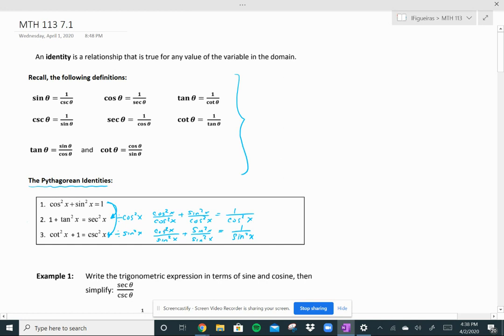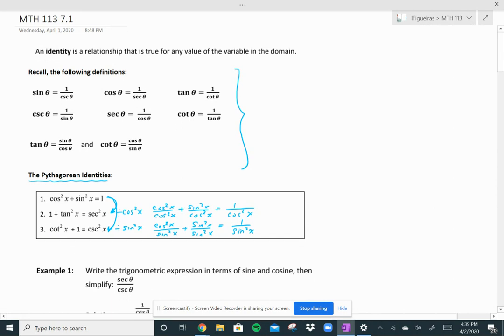Okay, so cosine squared over sine squared, well, we know that's equal to cotangent squared. We know that sine squared of x over sine squared of x, well, that's just 1. That's where you get the second term from. And 1 over sine of x is equal to cosecant, so 1 over sine squared is cosecant squared of x. So you can easily derive the second and third Pythagorean identity from the first one.